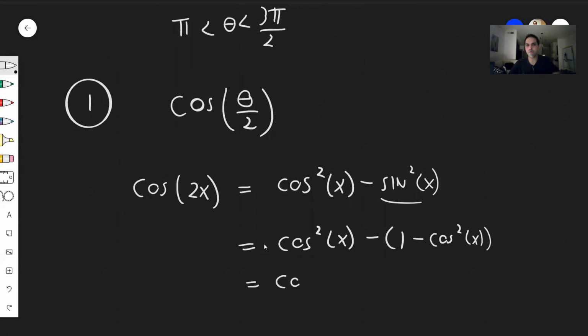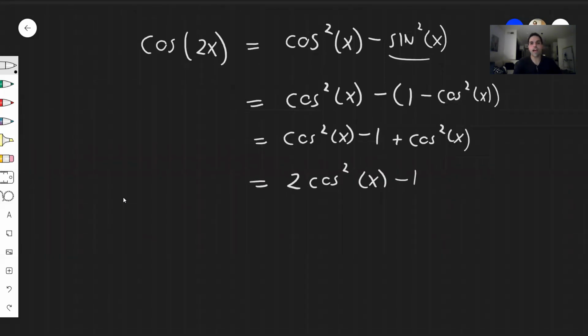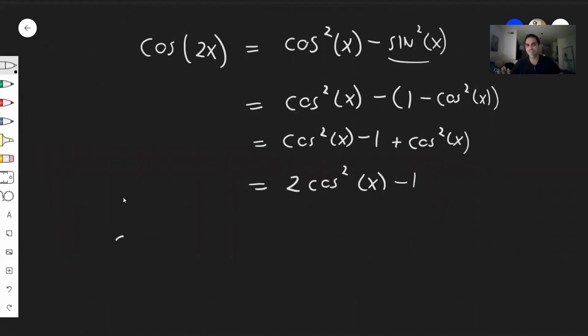And that becomes cosine squared of x minus 1 plus cosine squared of x. And that becomes 2 cosine squared of x minus 1. Or in other words, and again, you will see why I'm doing this, 2 cosine squared of x minus 1 equals cosine of 2x.